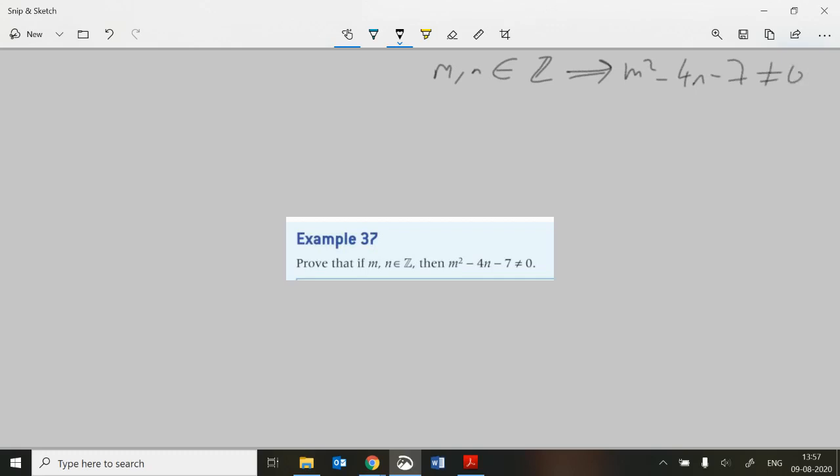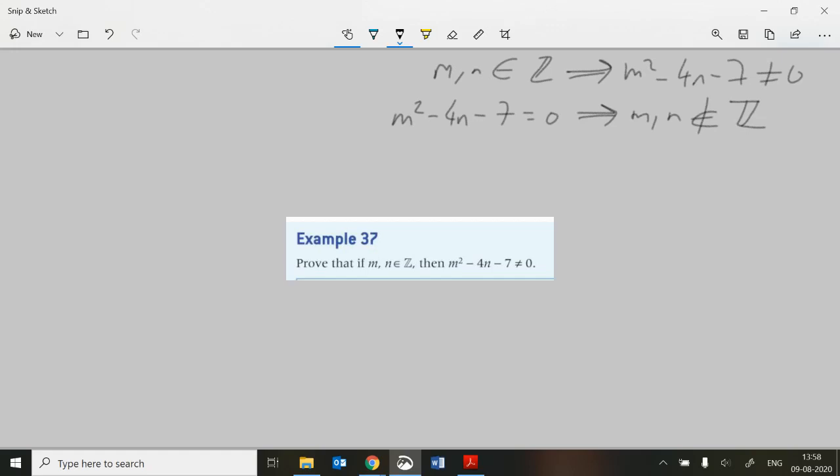So we're going to switch that around. We're going to say the contrapositive in this case is m squared minus 4n minus 7 equaling 0. So if we assume that's true, we should find out that m and n do not belong to the integers. Okay, so where do we take it from here?